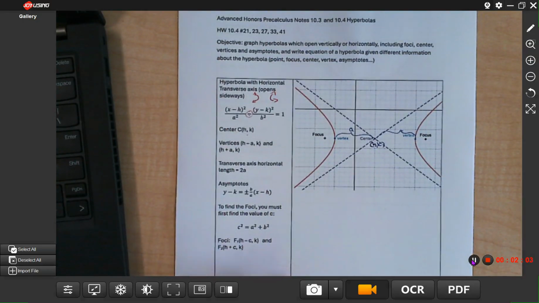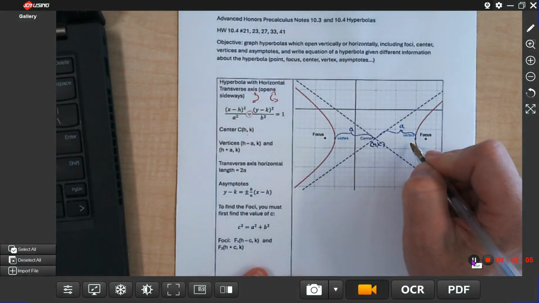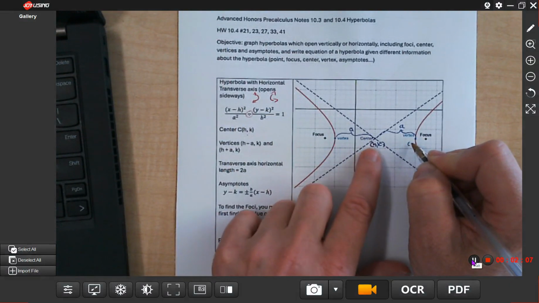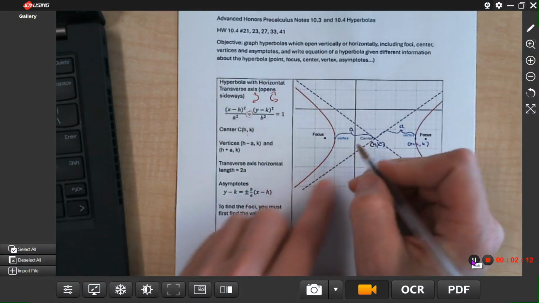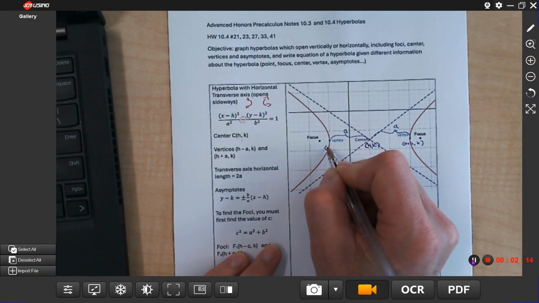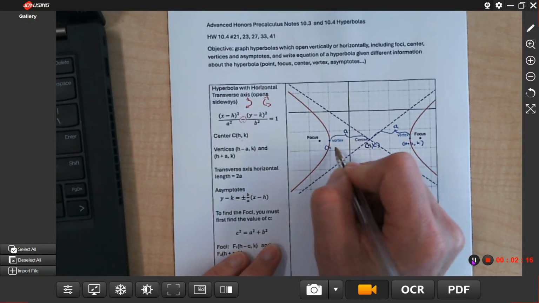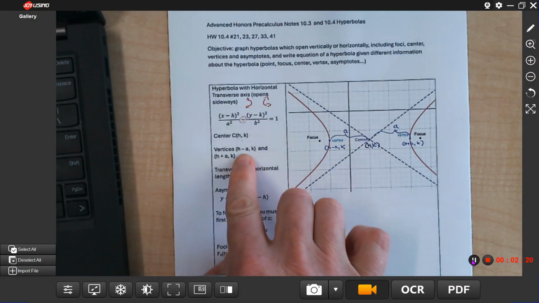So the coordinates of the vertices are, we're going to move h, so h plus a, and keep the y height the same. And likewise over here, it's going to be the horizontal component of the center moved to the left a, and the height is going to stay the same. So that's what we have here.